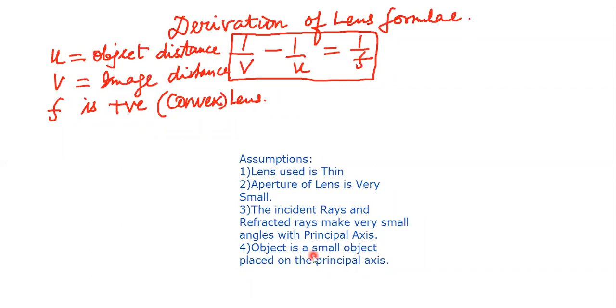The object is a small object placed on the principal axis. So these are the basic assumptions that we take while doing the lens formula. Now I directly move on to the next page for the proof.